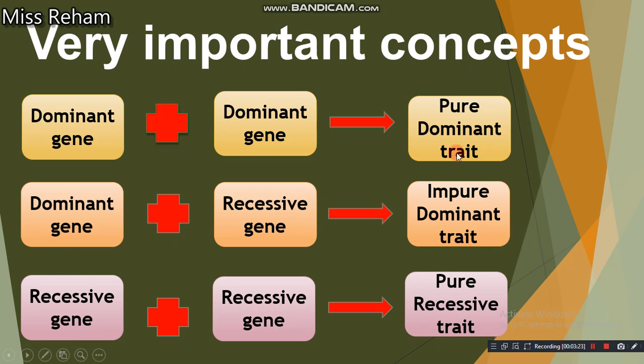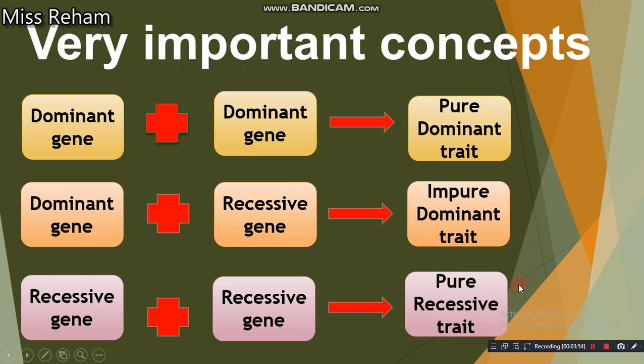Here is a pure dominant trait and here is a pure recessive trait. In general, pure traits are produced from aggregation between two similar genes. Here dominant and dominant produce pure dominant. Recessive and recessive produce pure recessive.